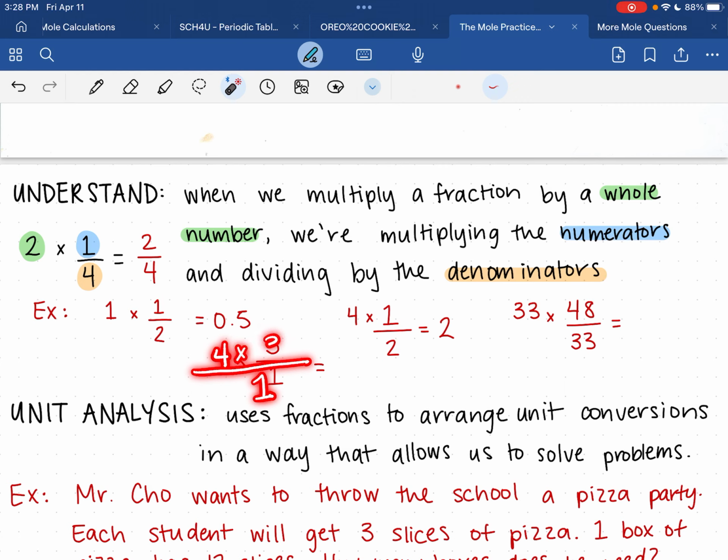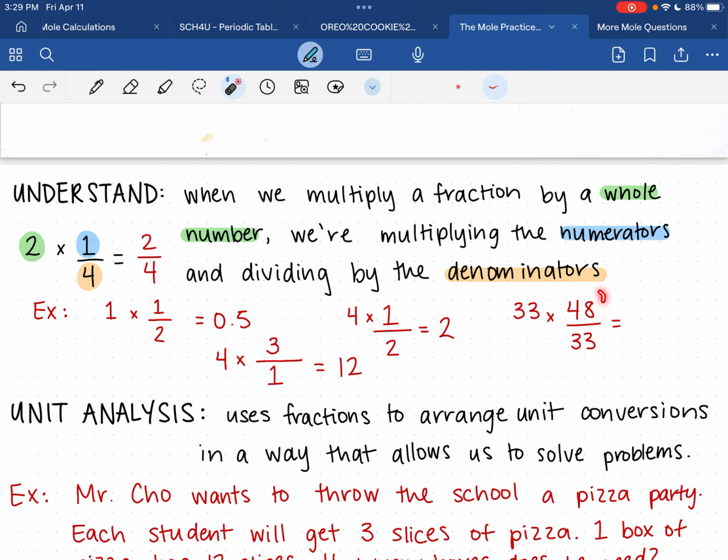But we have a times 3 now. So the 1 is now in the denominator. But again, 4 divided by 1 is just 4. And so we end up with 4, and then we still have this 3 in the numerator. So it's 4 times 3. So now the 1 has gone away, and 4 times 3 is just 12.